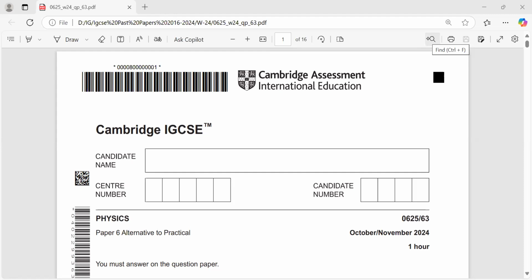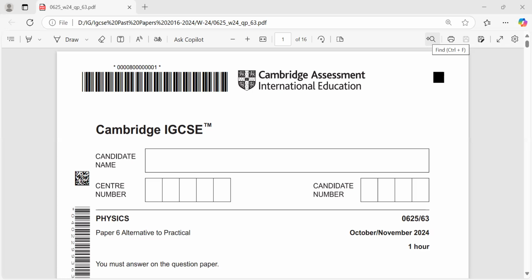We have started this paper 6, and we have already solved the first two questions. Now we will solve question number 3.